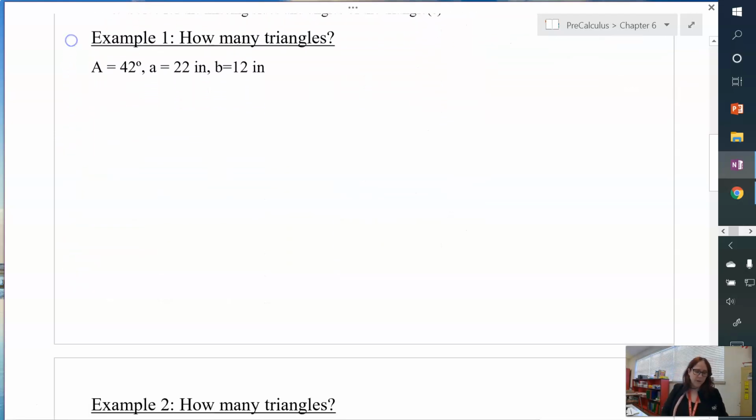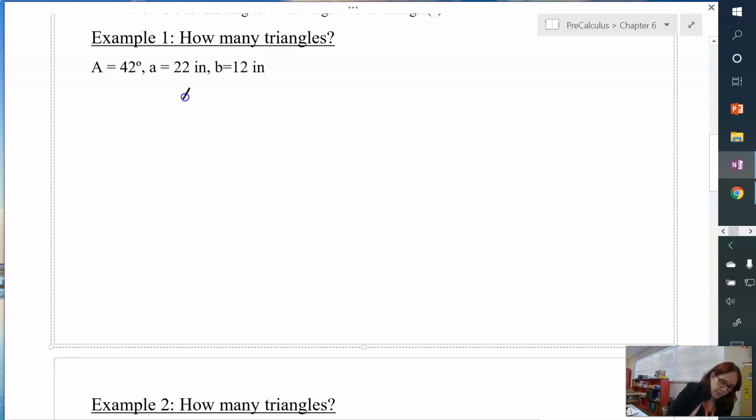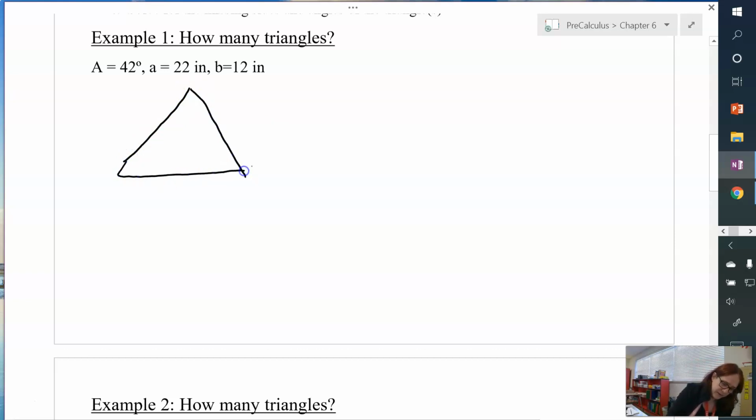So I'm giving you angle A is 42, side a is 22, and side b is 12 inches. First thing we're going to do is draw the triangle, and we're going to draw this the same way every time, no matter what. So here's my triangle. A goes here, B goes here, C goes here, and then little a is 22.